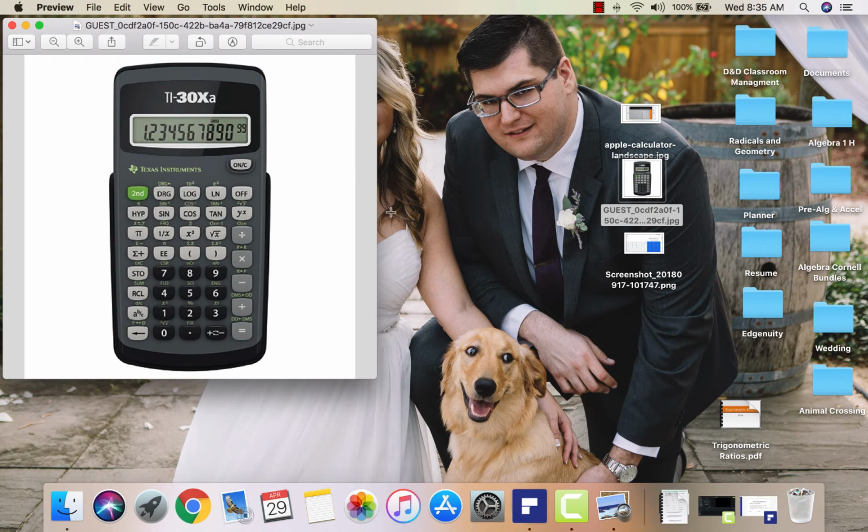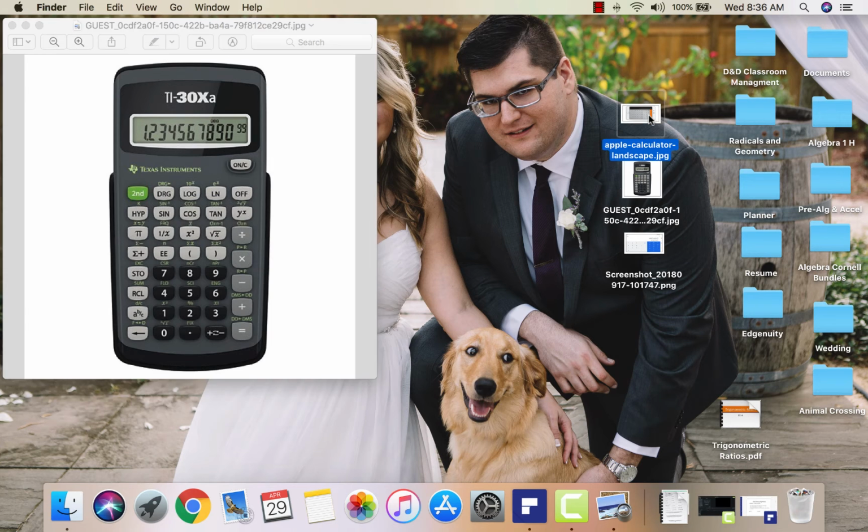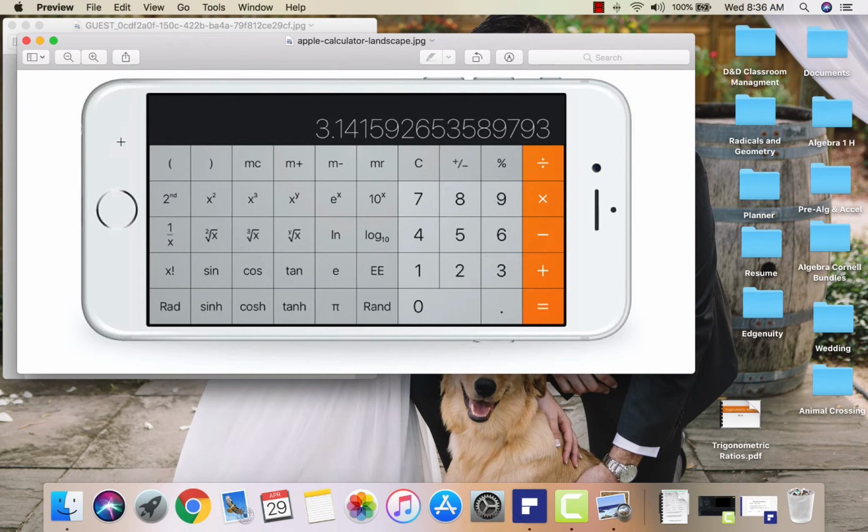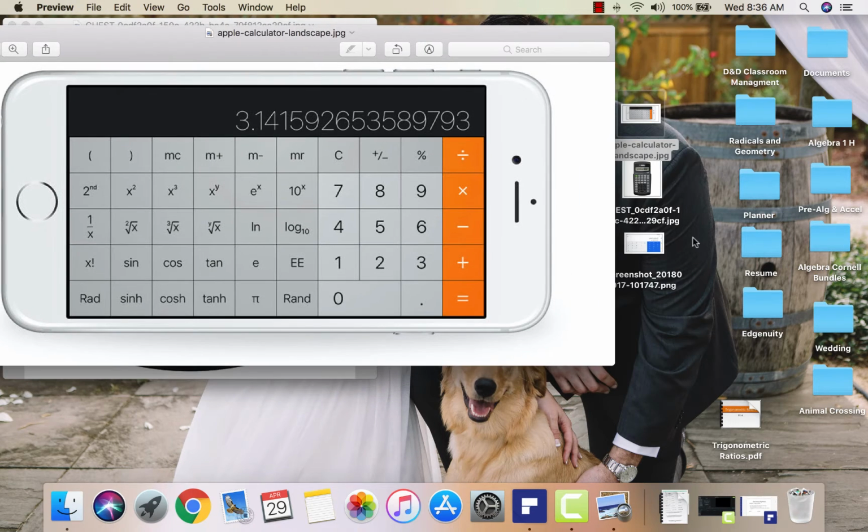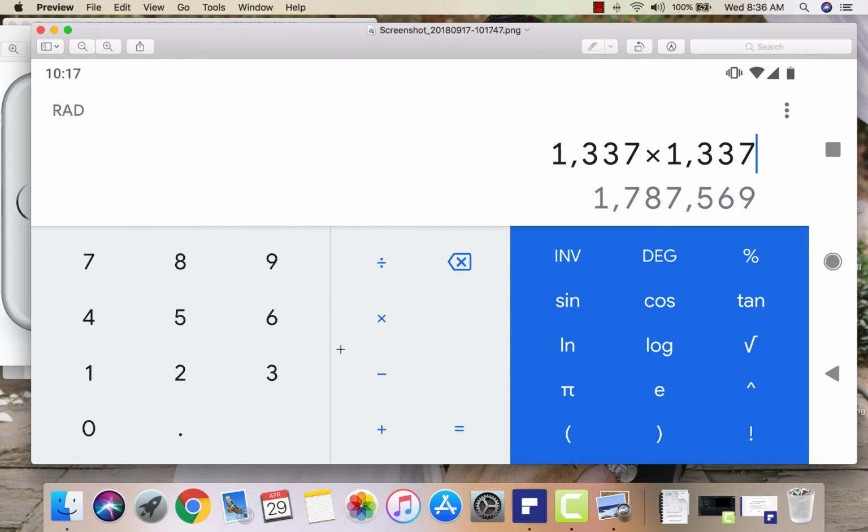Using our TI-30XA, we have sine, cosine, and tangent. If you do not have this calculator and you have an iPhone, if you turn it to the side, you will see that it still has sine, cosine, and tangent. And if you have a Google phone, you can turn it to the side and it still has sine, cosine, and tangent.